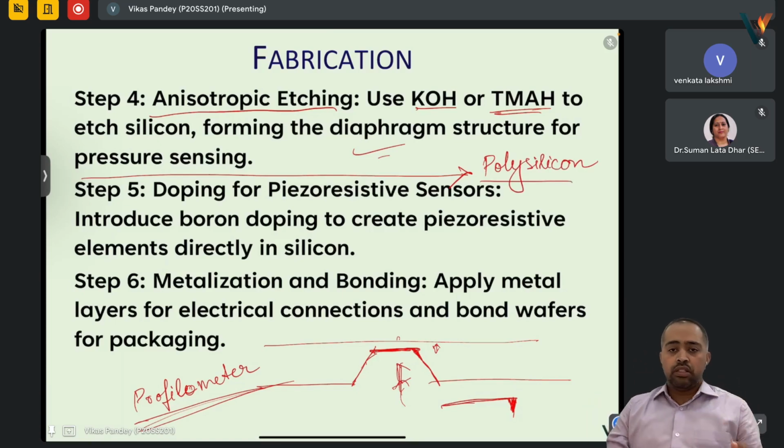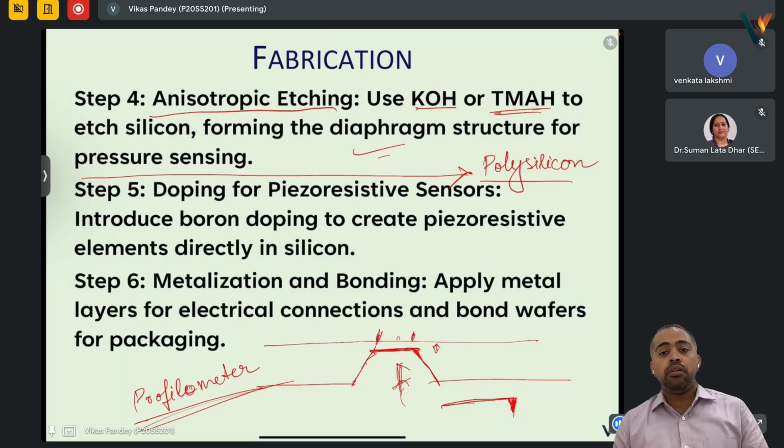There are two ways we can do this. One is to make the resistors on the top. Okay, on top we have silicon dioxide that will remain as such. To make these resistors, we can use two things. One is some metal.